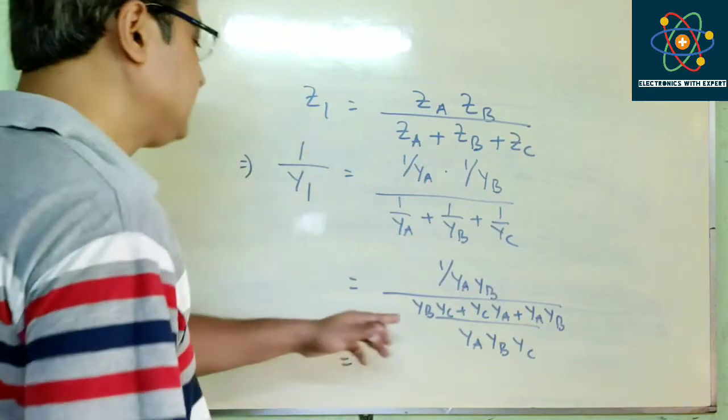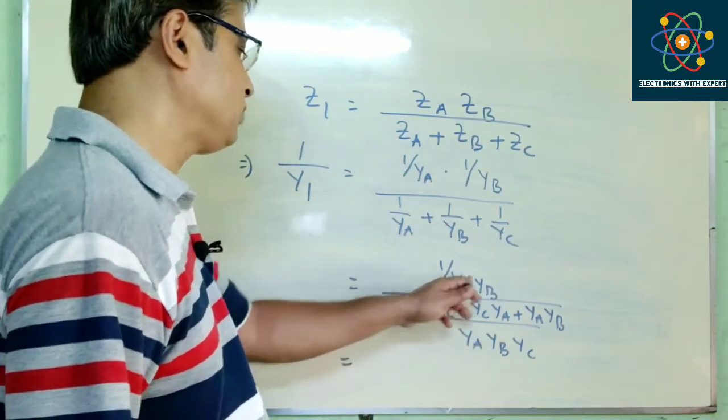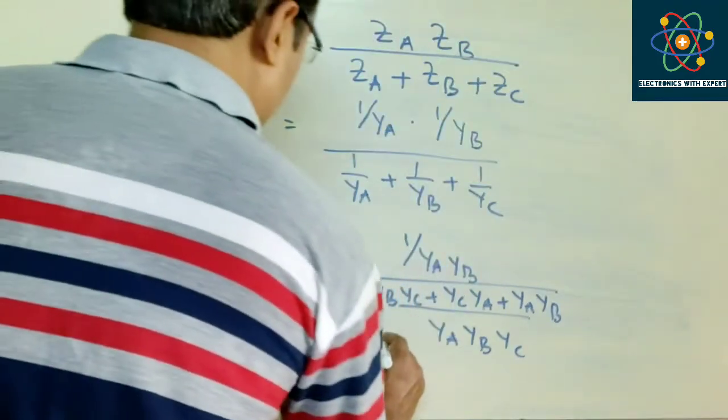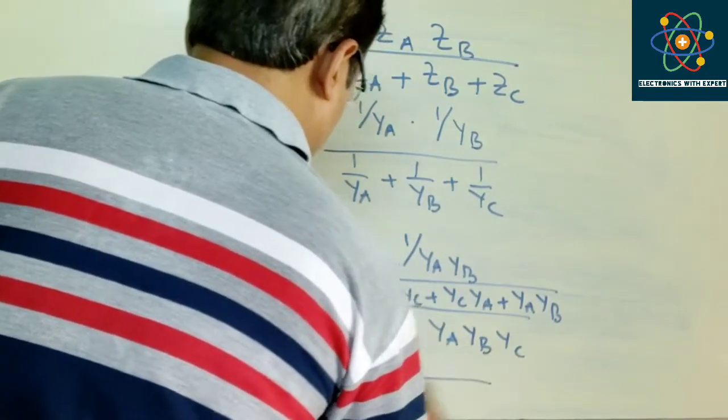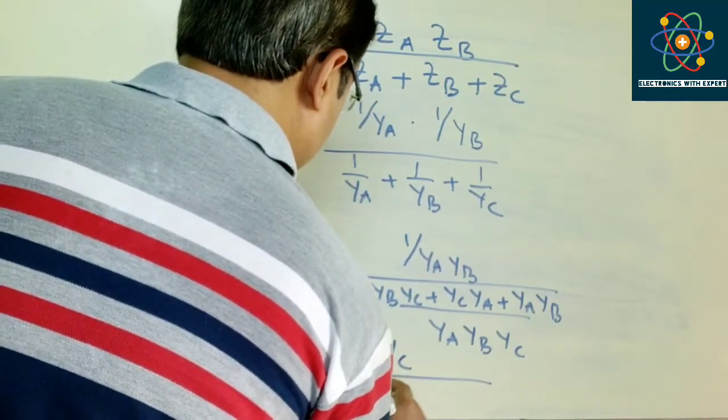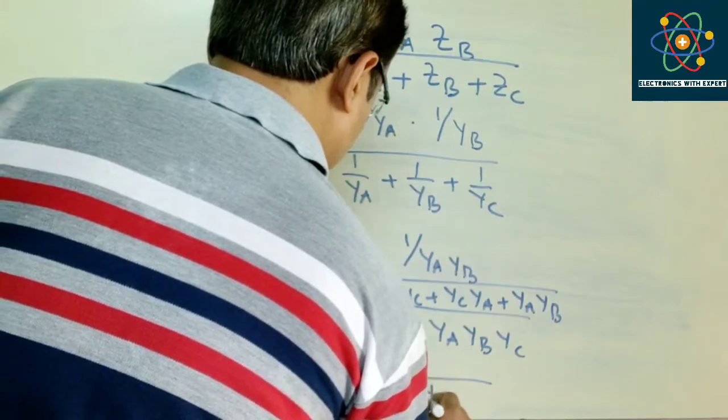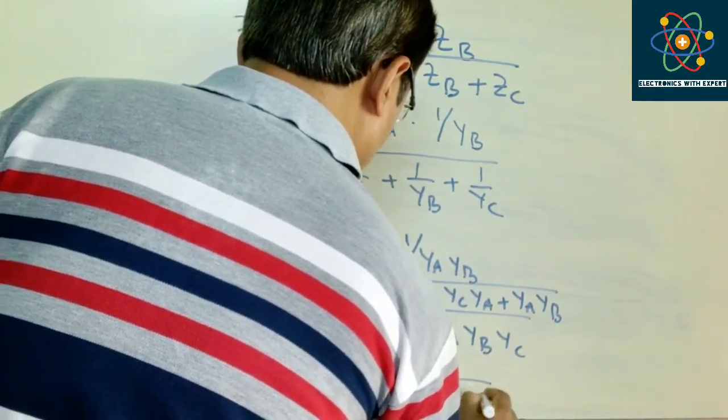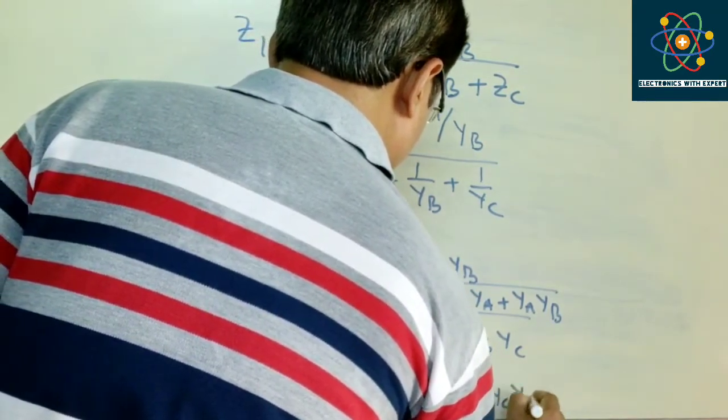So we can cancel out YA YB with this YA YB, and it will become YC divided by YA YB plus YB YC plus YC YA.